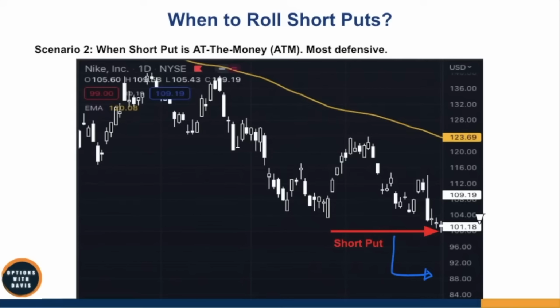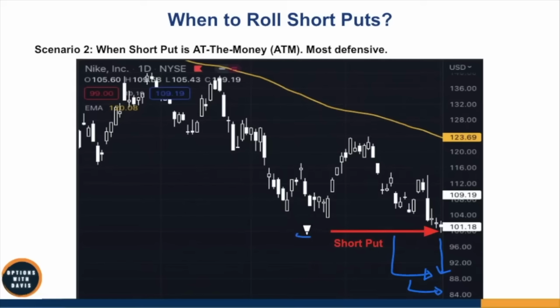But the drawback of this is that you would have to keep rolling out to a further expiration date the moment the price reaches your strike. Imagine if from this price you rolled down to a price around $90, but the stock drops again, you have to roll out again, and each time you're rolling out, it's always a further and further expiration date.